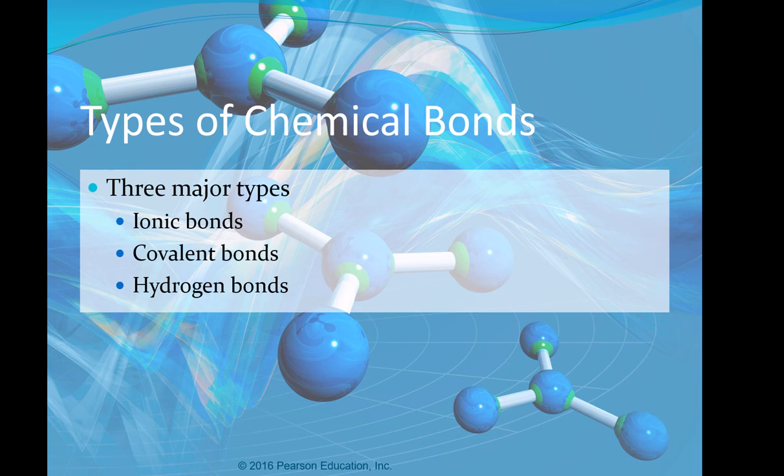Covalent bonds that are polar are more stable than ionic bonds because it's a sharing of electrons, but not equally, which makes polar covalent bonds less stable than nonpolar covalent bonds, which are the most stable of our chemical bonds because they represent an equal sharing of the electrons. Each atom, each person gets an equal slice of the pie.